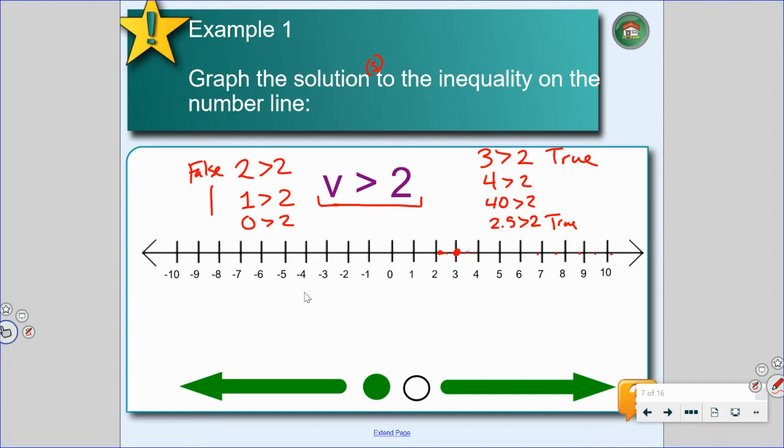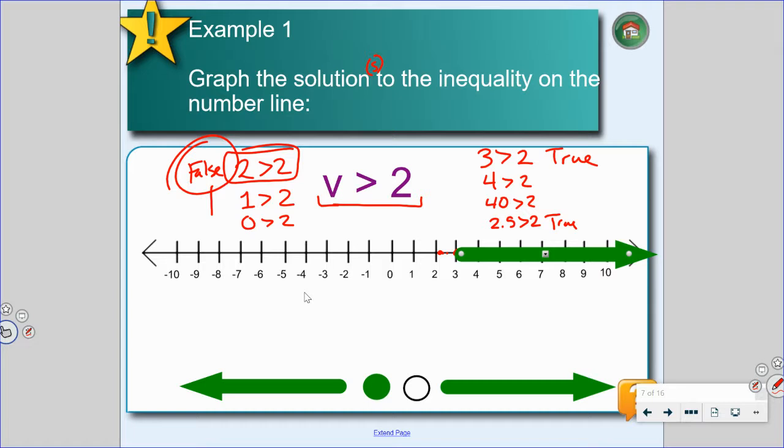Therefore, if we know all these solutions are true, and just because our graph stops at 10 doesn't mean the set of numbers does. Could be 10 trillion, could be 10 trillion, trillion, trillion, and all those fractions and decimals. Therefore, ladies and gents, we're going to draw an arrow to the right of 2. But remember what we said. Is 2 greater than 2 true? No, it is not.